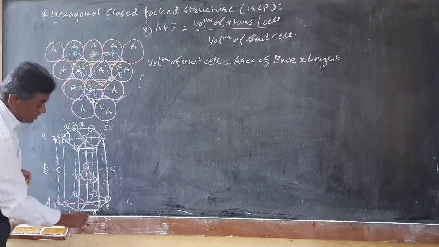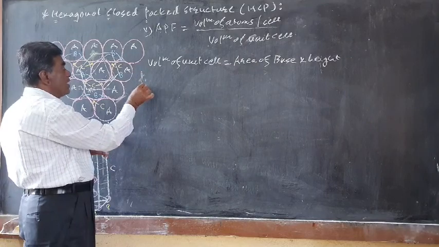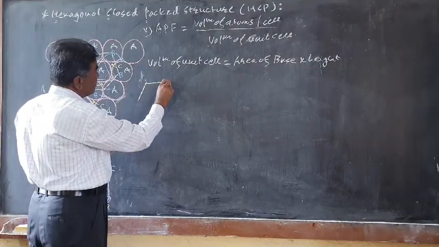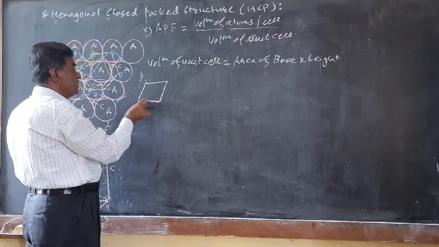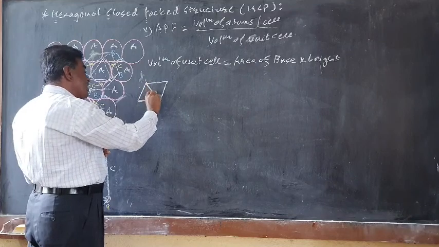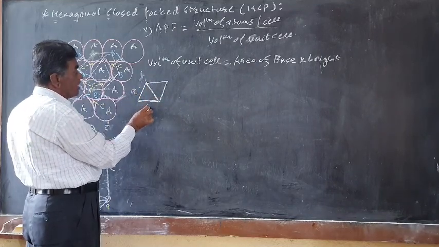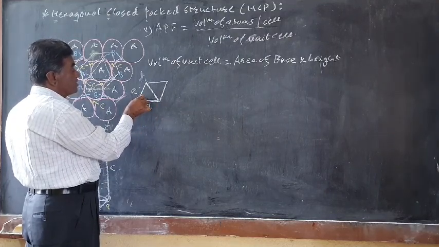In order to calculate the area, this base is divided into two equal triangles. Like this we can draw, this is the base and it is divided into two triangles. This side is A, this side is A again, and this angle is 60 degrees.